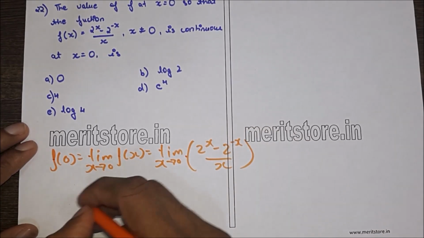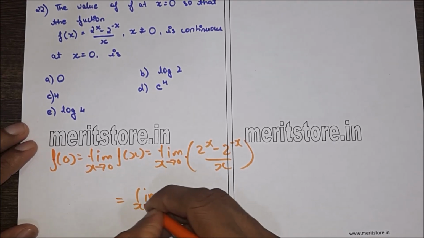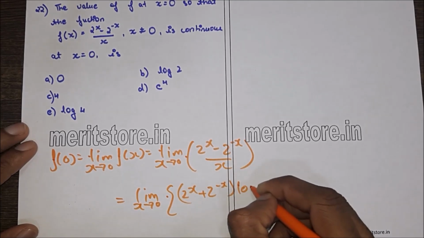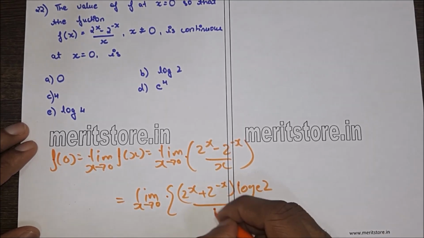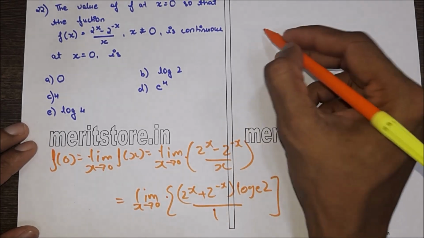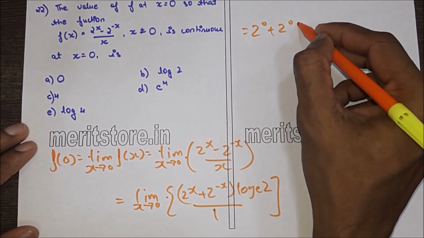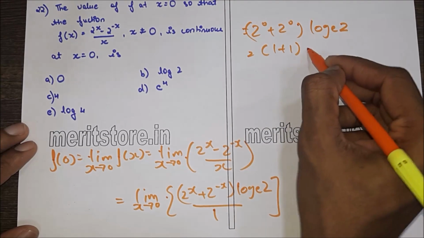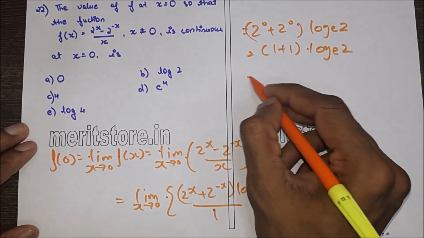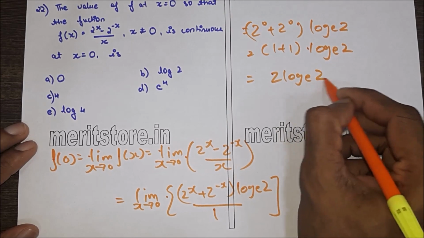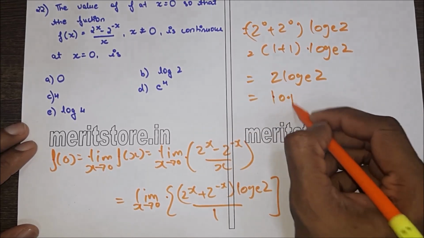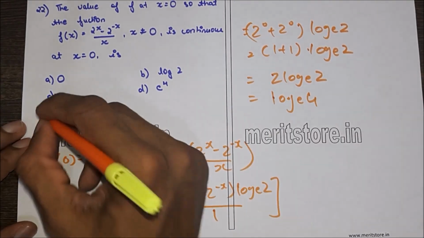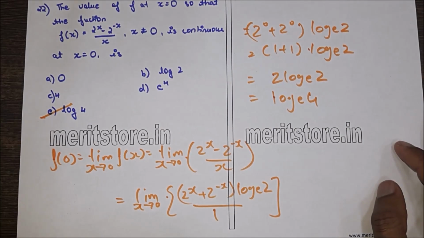For solving this, we can write the limit as x approaches 0 of (2 raised to x plus 2 raised to minus x) log to the base e 2 upon 1. Further, we get 2 raised to 0 plus 2 raised to 0, times log to the base e 2, which is 1 plus 1 times log to the base e 2, which is 2 log to the base e 2. Final answer we get as log to the base e 4, which is our option E. Therefore, option E is the correct answer.